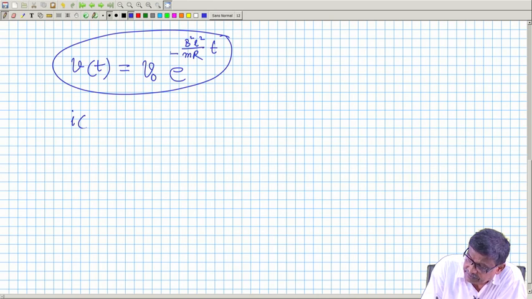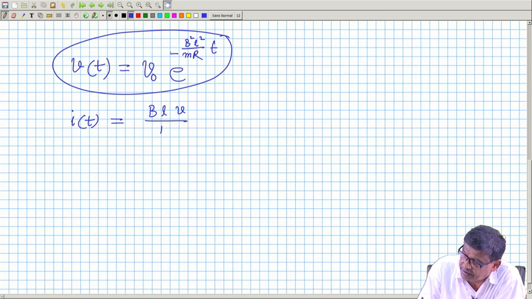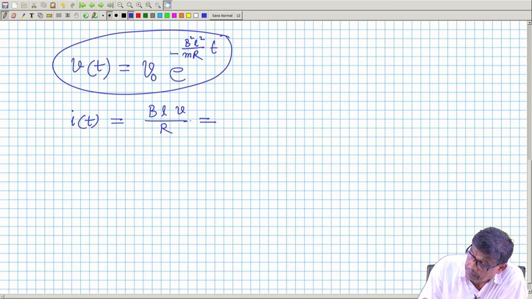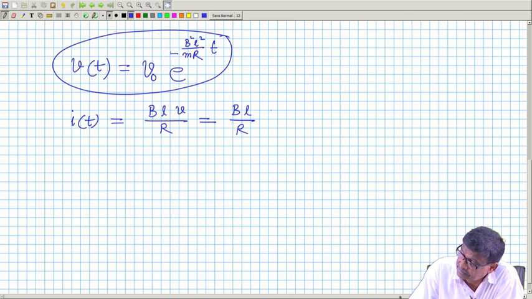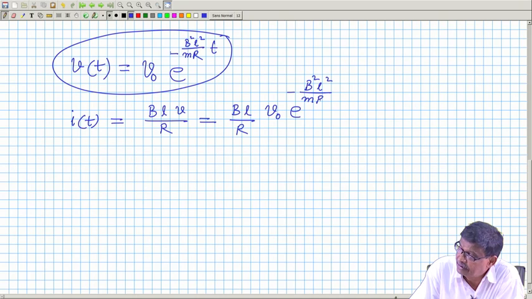Then how will current change? I(t) is also very simple, because it is equal to BLV by R. At any time current is this, so I will put it here. It will be BL by R, then for V this one, that is V naught into e to the power minus B square L square by m R into t.